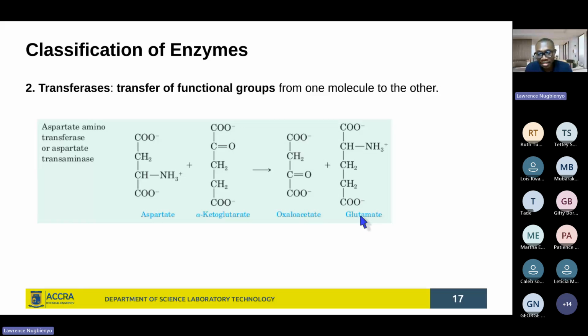And when you look at glutamate, it is the transfer of that amine group from aspartic acid to the place where the double bond O was in alpha ketoglutarate. That gives you glutamate. So it's just an exchange between the amine group in aspartic acid and the C double bond O in alpha ketoglutarate. When that exchange occurs, you have oxaloacetate and glutamic acid, or glutamate.